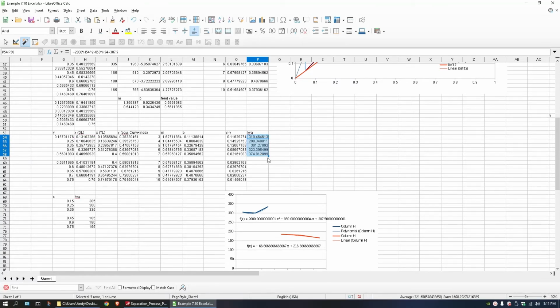So the book has various values. For 0.25, it was 303. For 0.35, it was 300. For 0.20, it was 320. 5779 is a little bit different of a number, but they had 350, and this is 375.